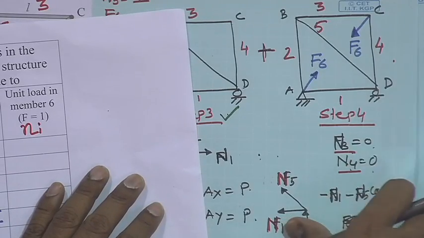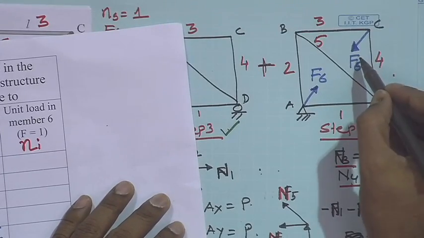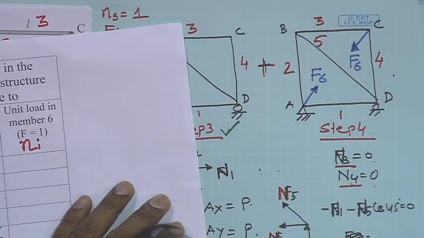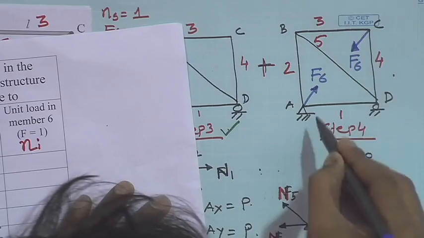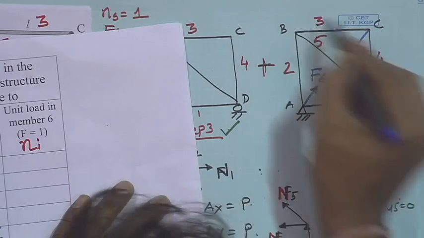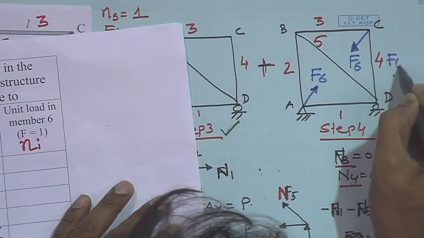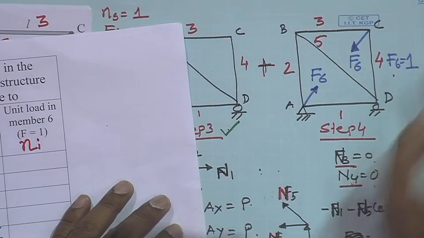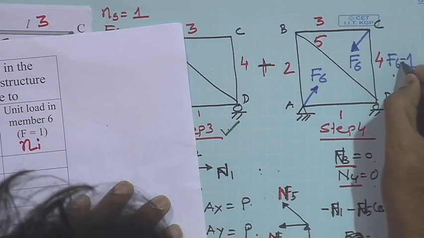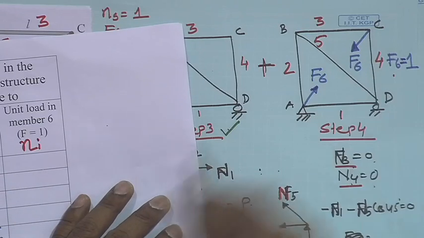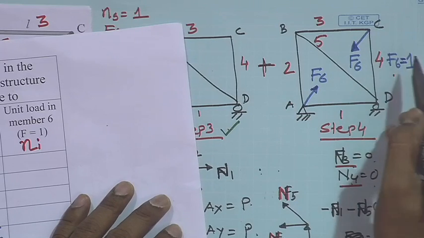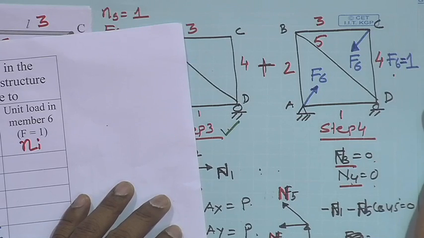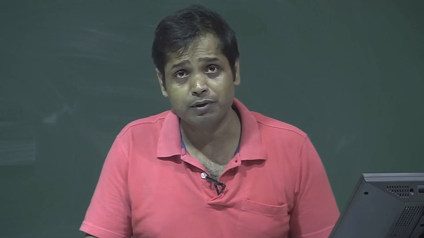Instead of applying F6, we apply F6 equal to 1, a unit load in the direction of the redundant force, because linear superposition is valid.